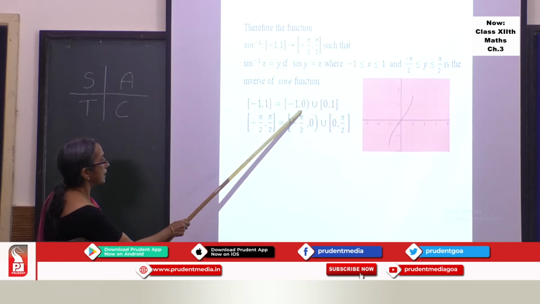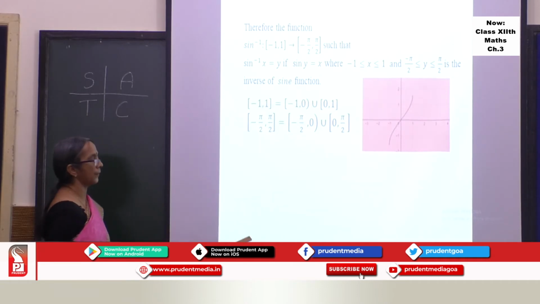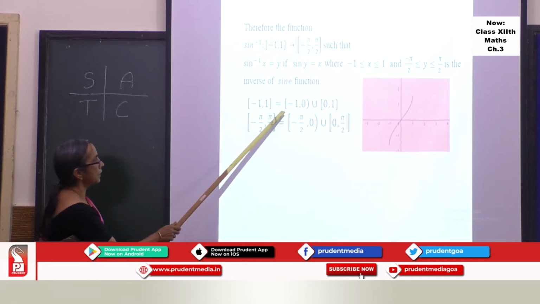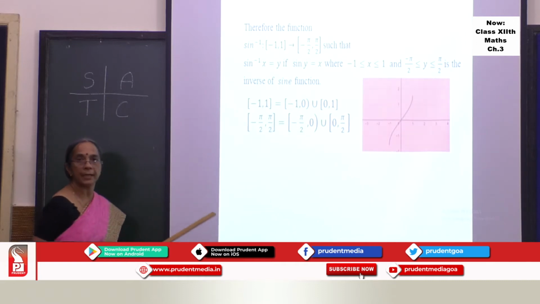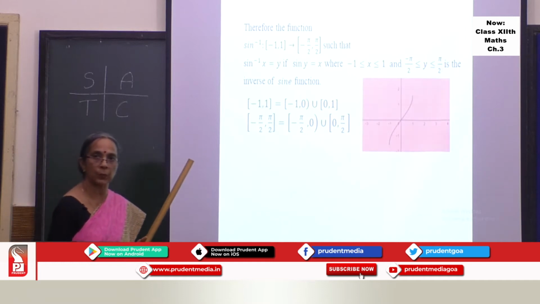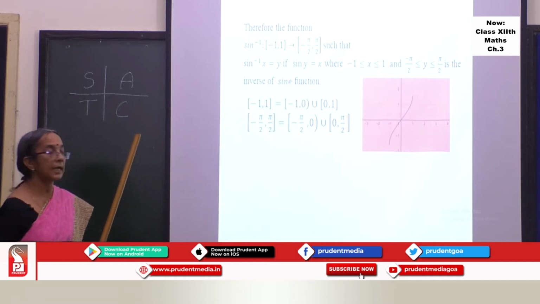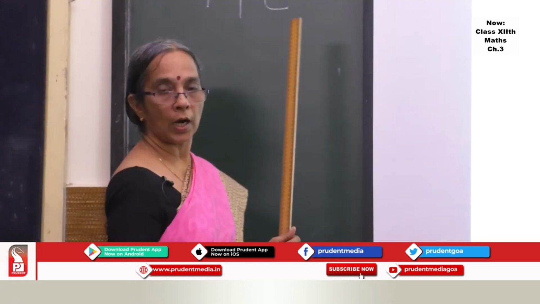So, now look at sine inverse of a negative value. Sine inverse of a negative value is an angle between minus pi by 2 and 0, means it is an angle in the fourth quadrant.